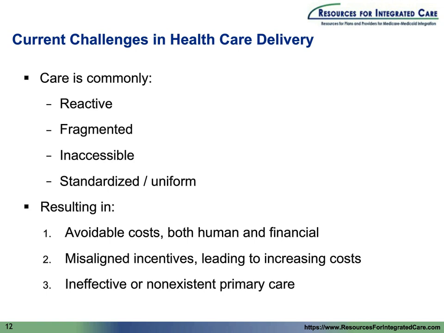There's also fragmentation along and across the continuum of care. We have hospitalists, we have SNFists, we now have transitionalists, we have palliative care consultants. And as an individual moves along the continuum of care, there is a change in provider at each stop along the way.